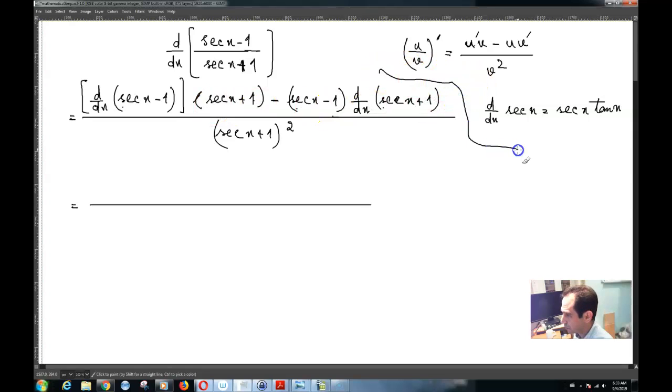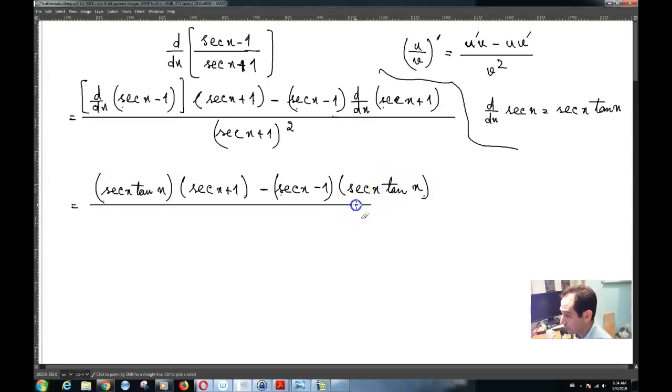So that's going to be equal to basically secant x tan x, and this is 0, times secant x plus 1 minus secant x minus 1 times d by dx of secant x plus 1, which is basically secant x tan x, over secant x plus 1 whole squared.